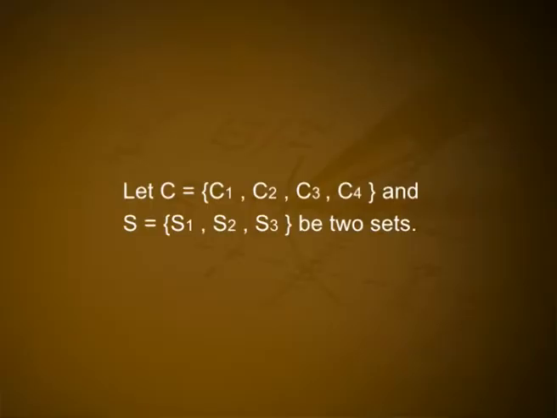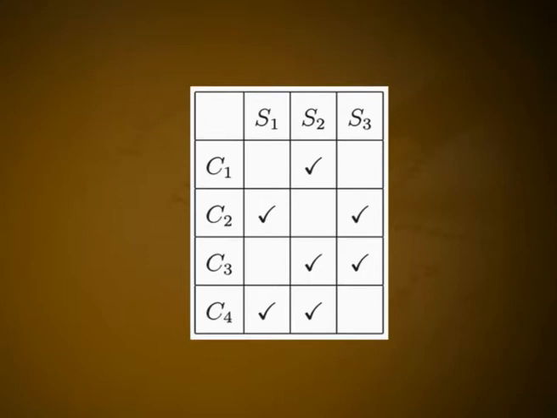Consider the following example. Let C equal the set of elements C1, C2, C3, C4 and S equal the set of elements S1, S2, S3, be two sets. Consider the following table. Here C1, C2, C3, C4 are arranged row wise, S1, S2, S3 are arranged column wise.